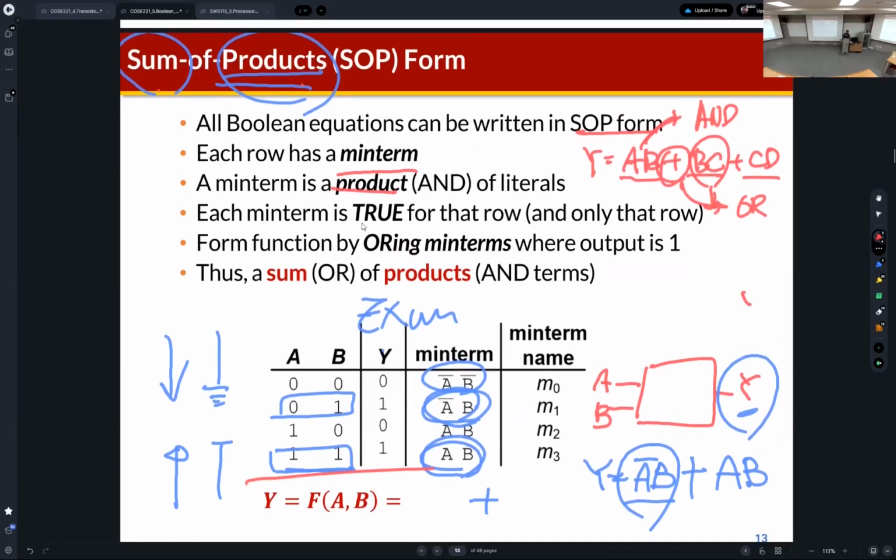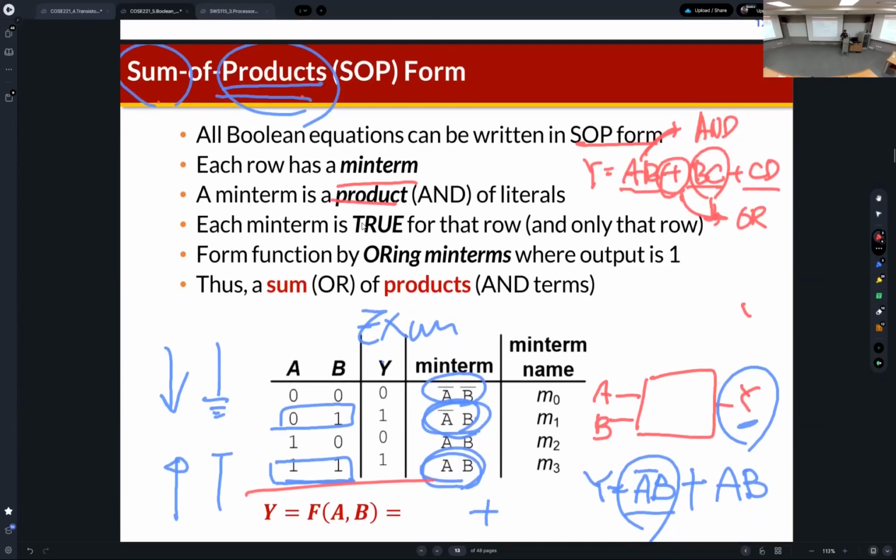Okay, so we can think that the sum of products form, SOP form, is the implementation form of the OR of AND, because I said that the order of the English term is the inverse of the Korean term. So the OR of AND, okay.